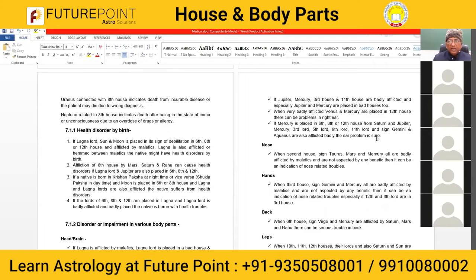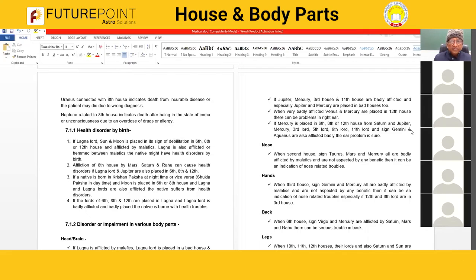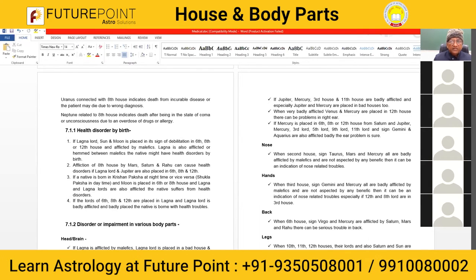Sign-wise, we should not say Gemini, because it's the second sign. The face is represented by Taurus, the whole face. The head is represented by Aries. If Taurus is afflicted, actually here it gets all mixed up.